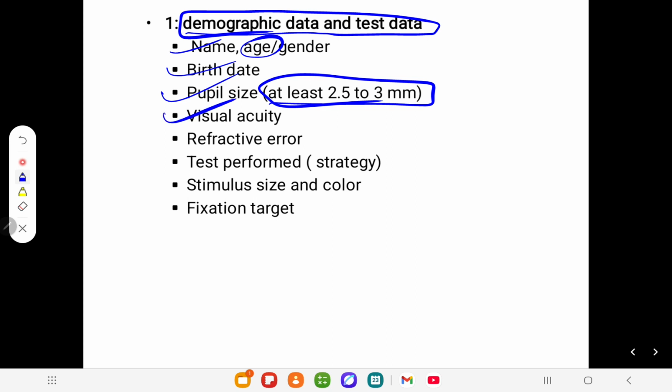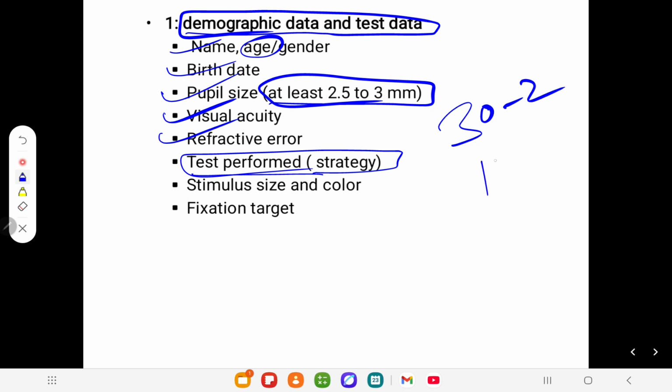Visual acuity is definitely going to correlate with the macular sensitivity, isn't it? Foveal sensitivity. Refractive correction, another. Test strategy is very important, because we cannot do follow-ups if the first is 30-2 and the second follow-up is 20-2. It's very difficult to judge the printouts, isn't it?